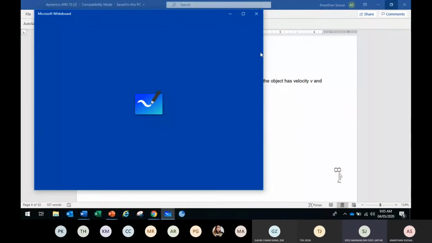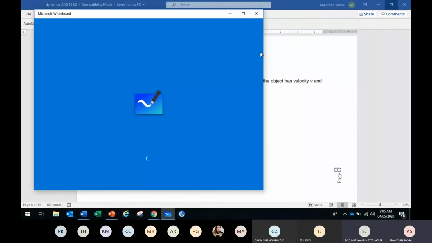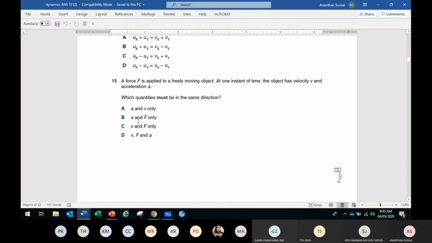Gravity is down, but the object is going up. Gravity is always acting down, but the velocity is changing direction. So force and acceleration are always the same direction, but velocity not necessarily.